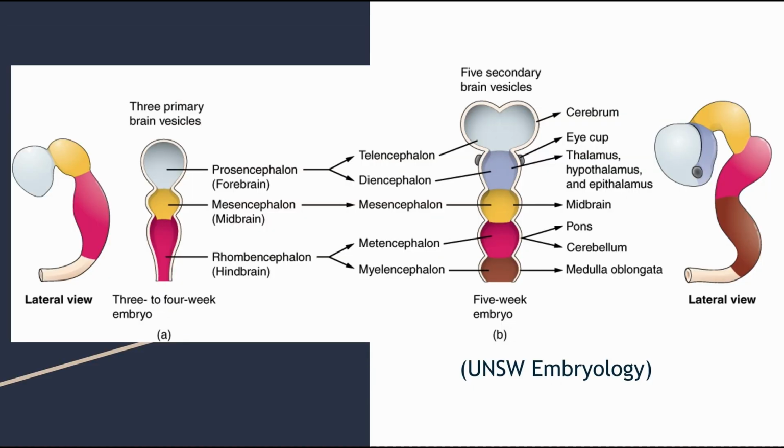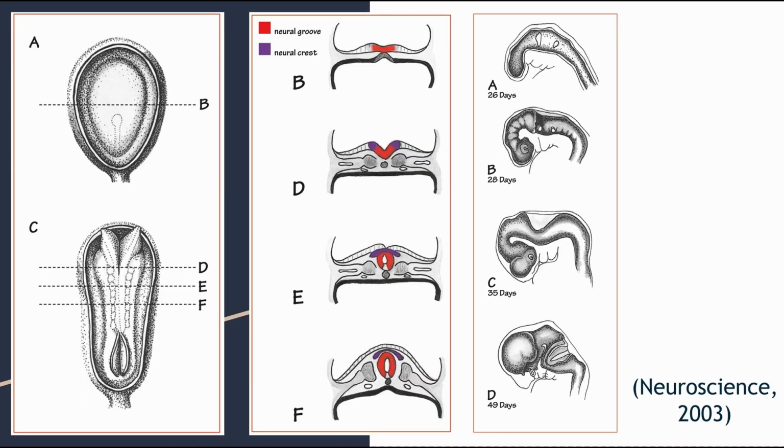Now let's talk about the different names of brain parts from the initial development stage to the growing stage. Initially, in the 3 to 4 week embryo that we just talked about in the previous section, the brain looks somewhat like A here.